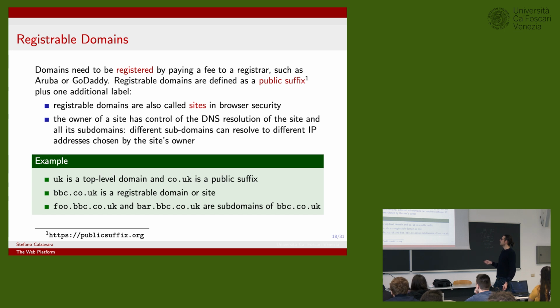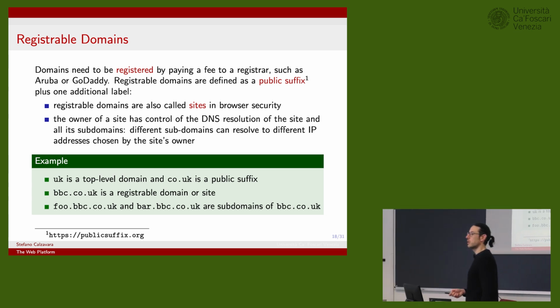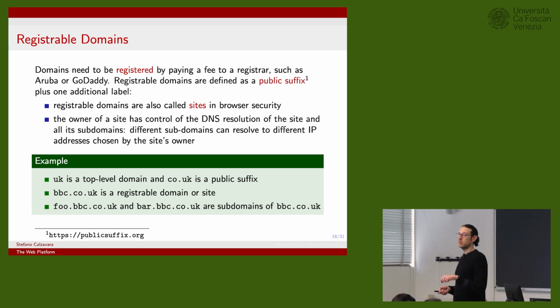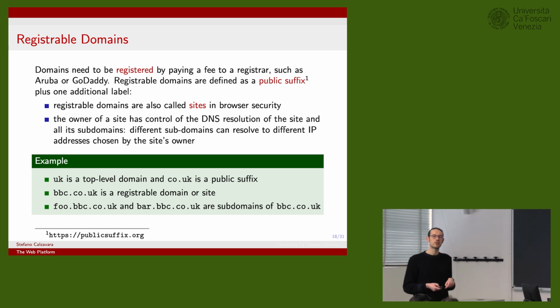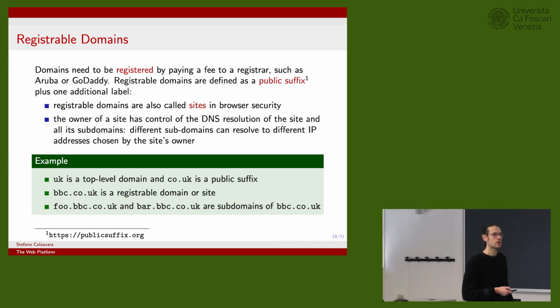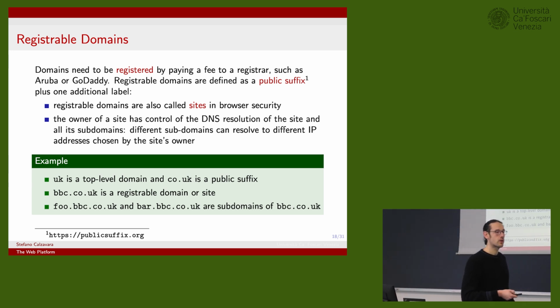If you buy bbc.co.uk, you can create subdomains such as foo.bbc.co.uk and bar.bbc.co.uk. And you have full control of the DNS records. So you can make these different subdomains resolve to different machines. As the owner of the registrable domain, you are the one who is in charge of creating subdomains. So no one else can create subdomains for bbc.co.uk except for the site owner.